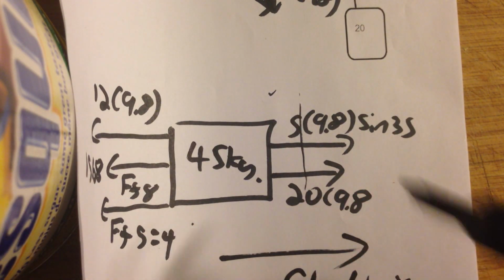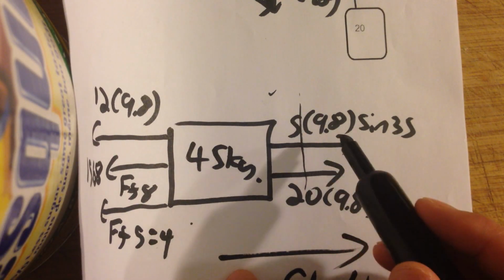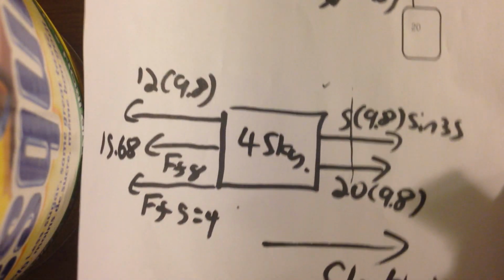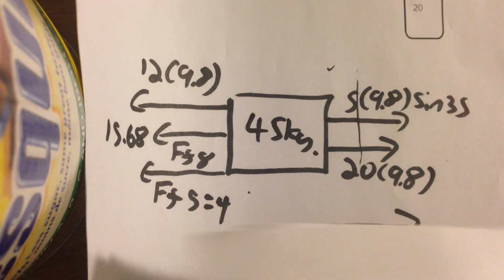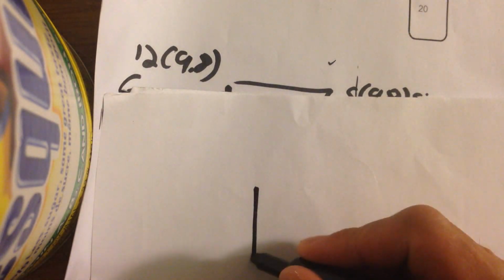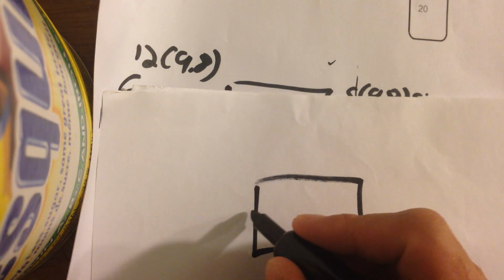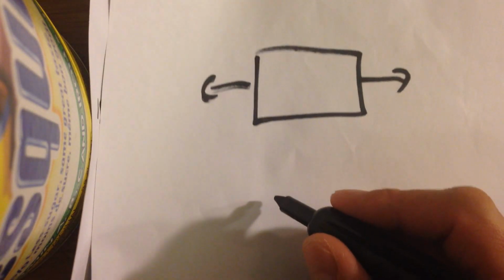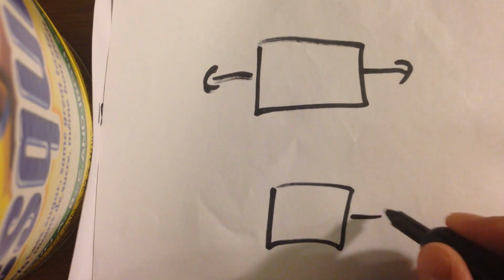And 20 times 9.8 and 5 times 9.8 times sine 35 are all pulling the block that way. So I'm going to redraw it as just a single arrow each way, and then I'm going to subtract and redraw it again as just a single arrow, and then we'll easily have acceleration.